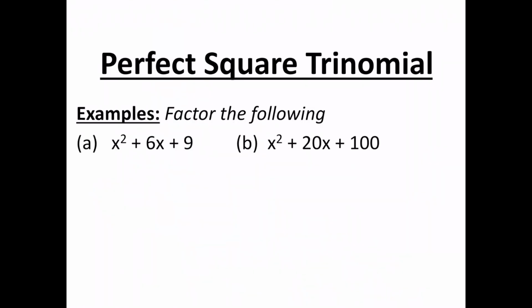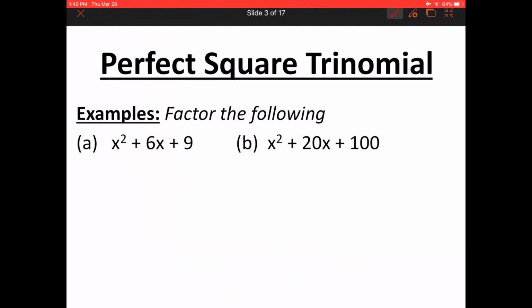Let's go ahead. We have some examples here of two perfect square trinomials, and we're going to factor them. Think back to our factoring table. We've talked about that in chapter 10. It's also in the Google Classroom if you want to look at that. We can either use our perfect square trinomial method or our working backwards method. I believe most of you are a little more comfortable with working backwards, so that's what we're going to look at.